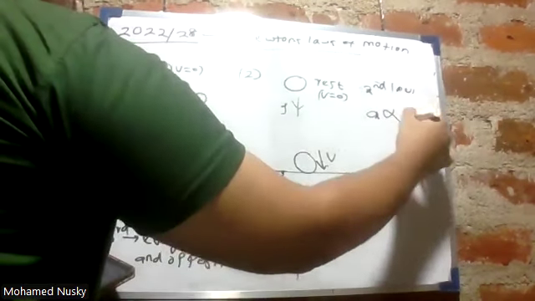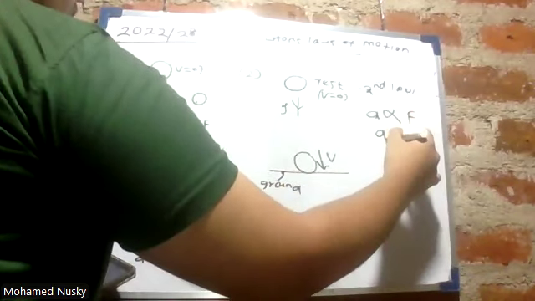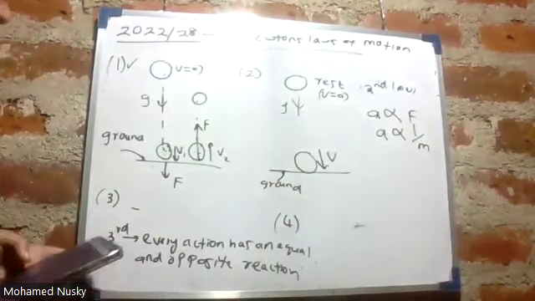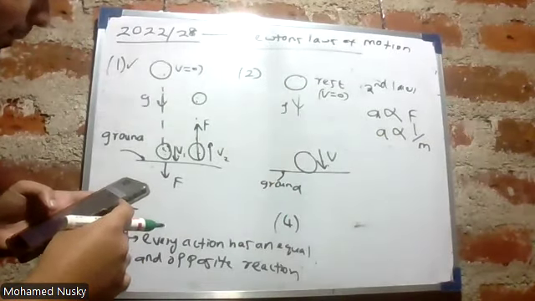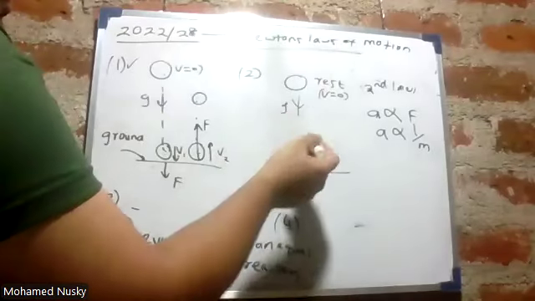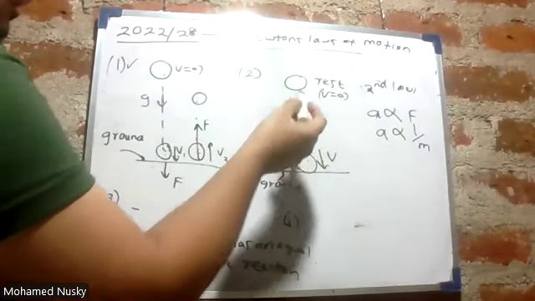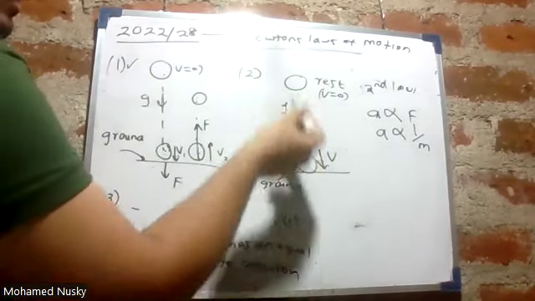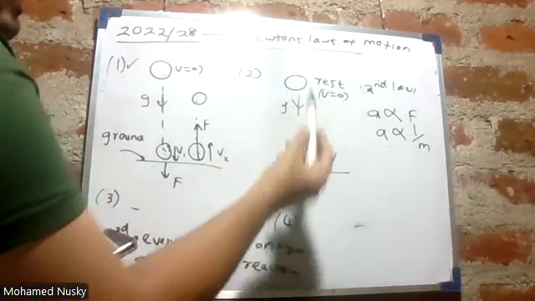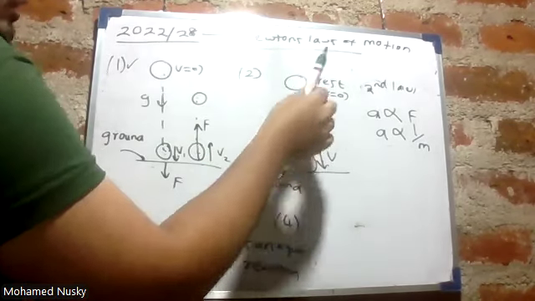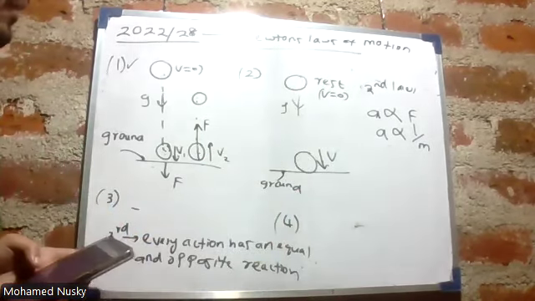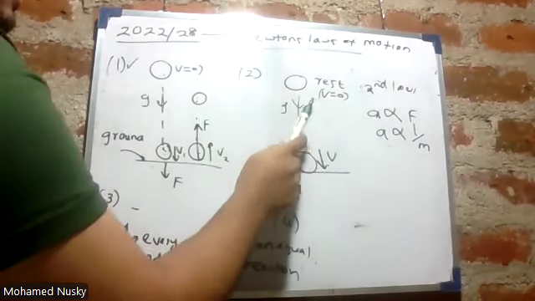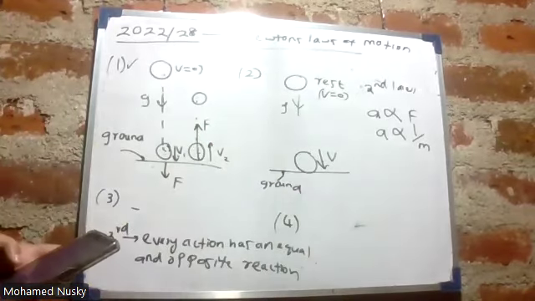This is Newton's second law. So this body is under a force, and it will have gravitational acceleration. Because of this acceleration, its velocity increases from rest to another velocity. Therefore, this is explaining Newton's second law.